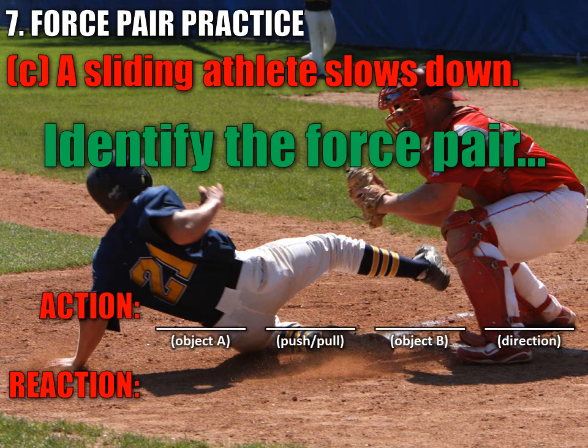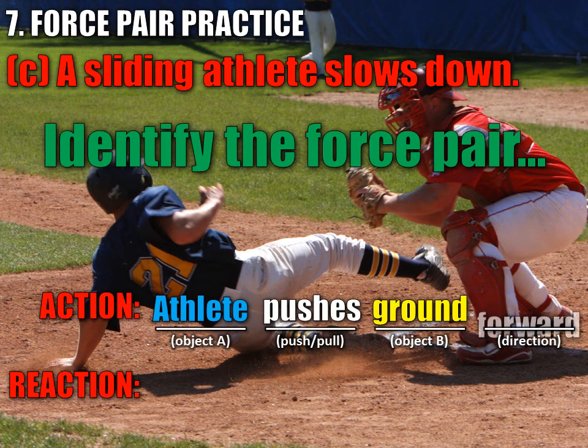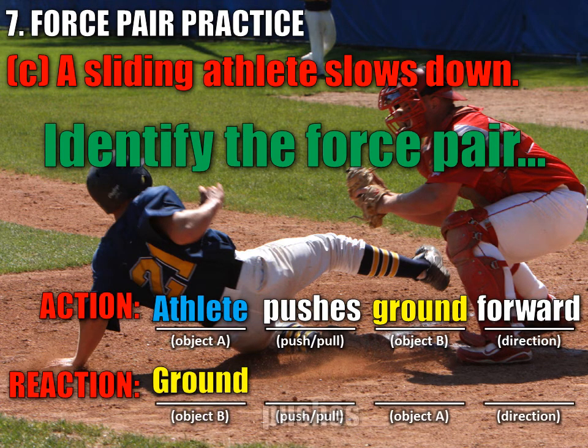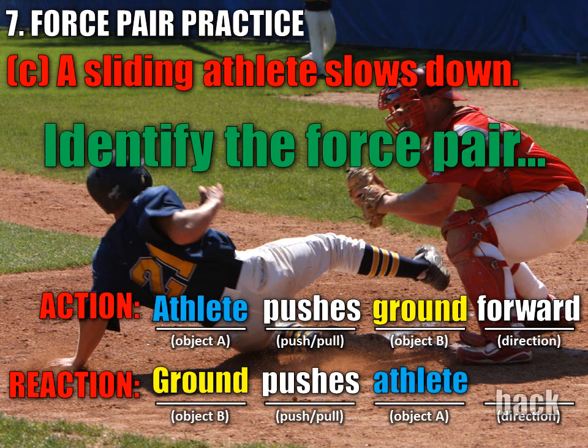The two objects interacting are the ground and the athlete. The athlete pushes the ground forward, and so the ground pushes the athlete backwards. And that's the reason why the athlete slows down. It's this backward push from the ground which decelerates the athlete.